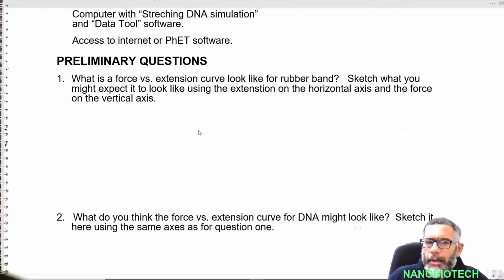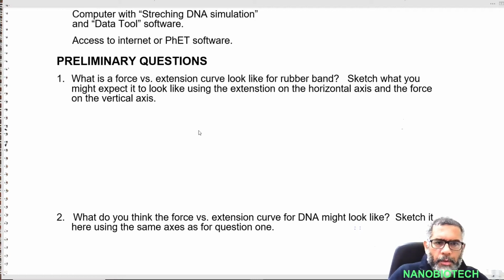There are some preliminary questions before you begin working on the report. You are supposed to answer these questions. I'm not going to discuss these. Just for example, the first one: what does the force versus extension curve look like for a rubber band?